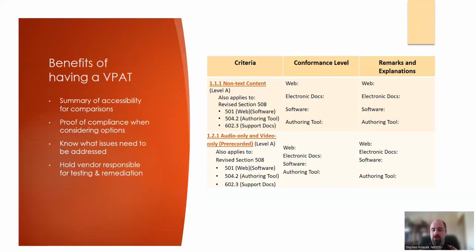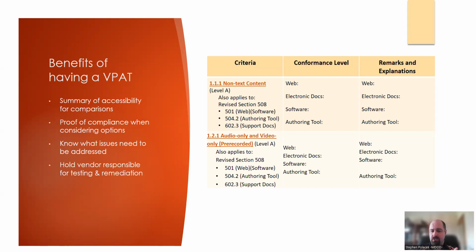So what's the benefit of having this? Why do we ask for this? Why do we care? First off, it is a summary of accessibility for comparison points. So comparing product A versus product B to see which is more accessible, quote unquote, depending on the results, and seeing are they meeting the needs that we have, or are there other considerations we might need to bring into it.